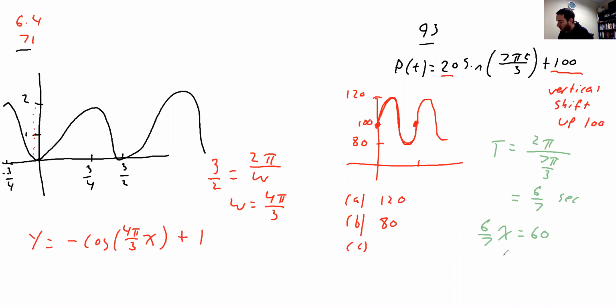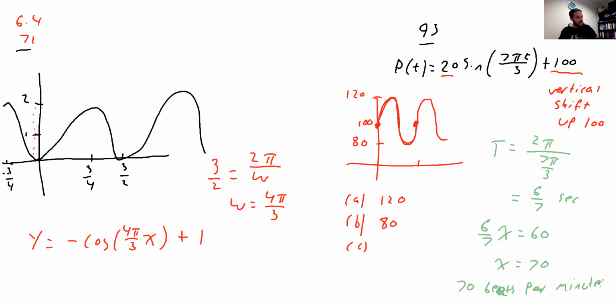So in that case, multiply by the reciprocal of 7/6 to 60, and you get 70. So that's going to be 70 beats per minute. So that's number 93. Okay.